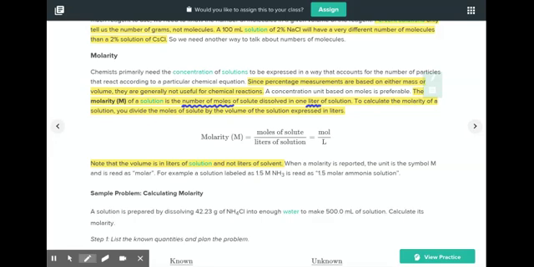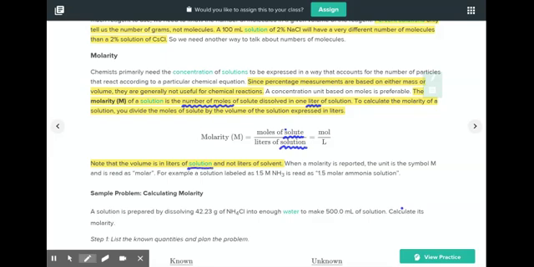To calculate the molarity of a solution, you have to have the mole of solute and then the liter of solution. Remember, just like the percent, the volume in liter is the solution, not the solvent.